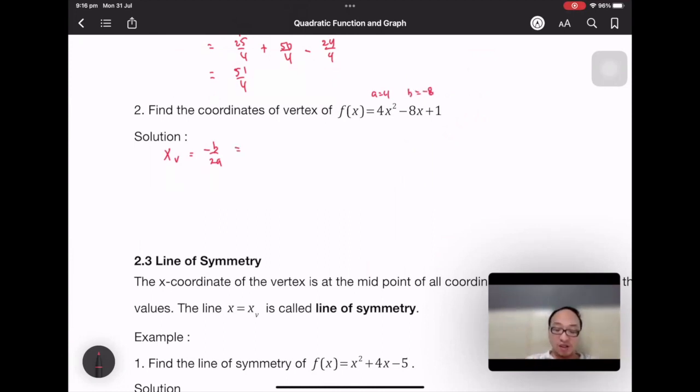So it's negative negative 8 over 2 times 4, which equals 1. And for the y value, we replace it into the equation: 4 times 1 squared minus 8 times 1 plus 1, which equals 4 minus 8 plus 1, which equals negative 3.